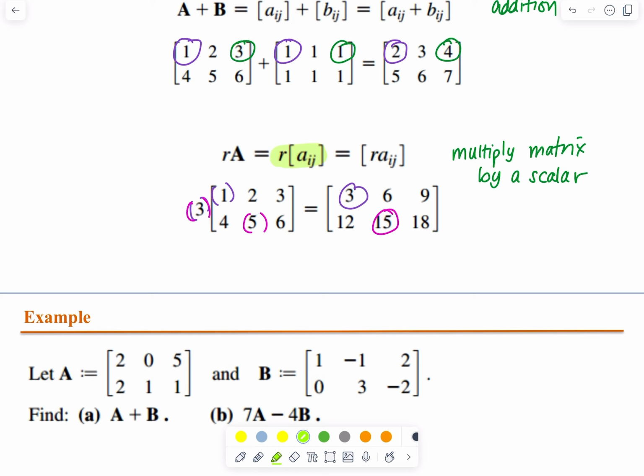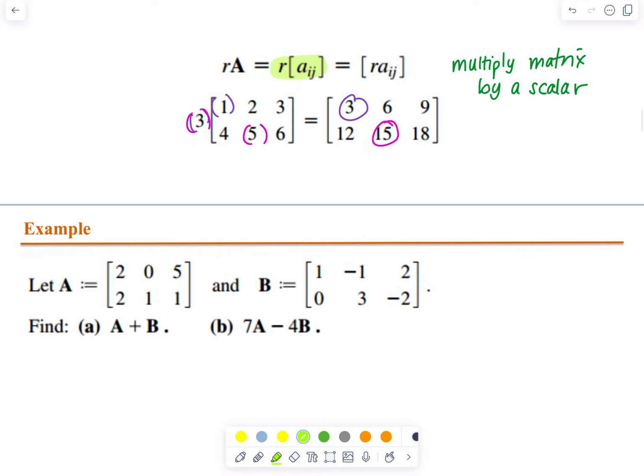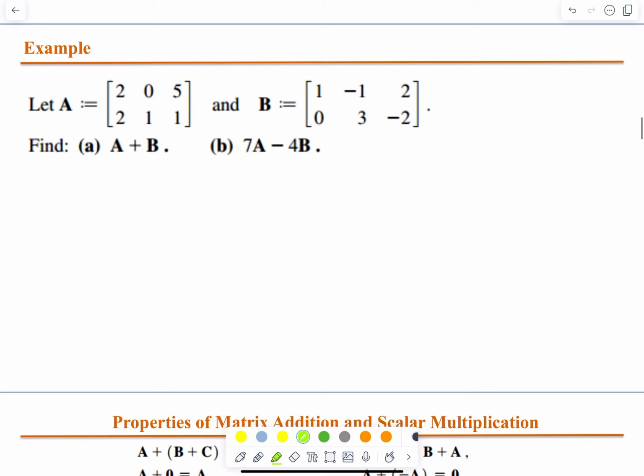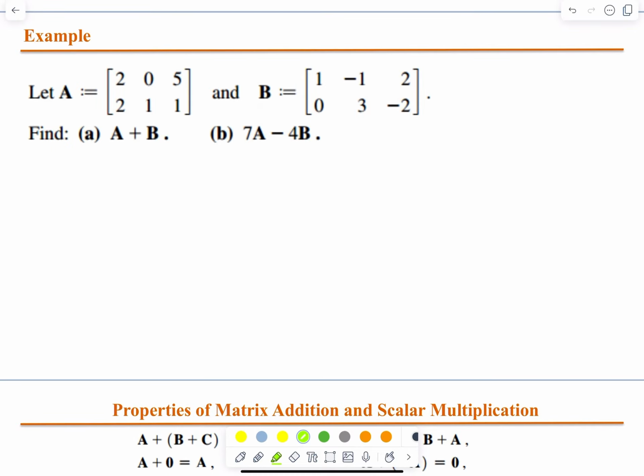Let's work our first example. So we have matrix A defined as this 2 by 3 matrix, and matrix B also is a 2 by 3.